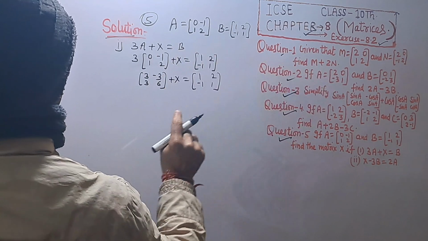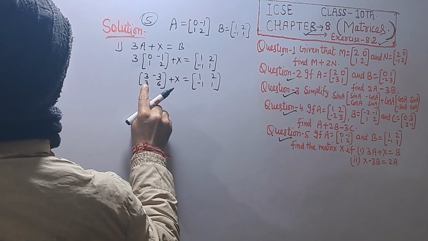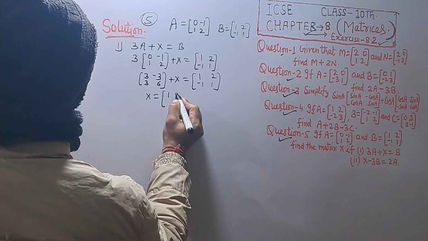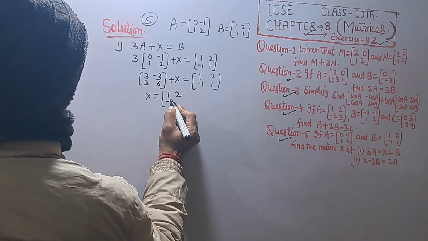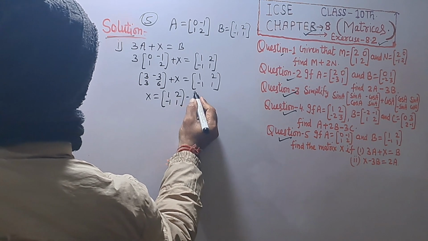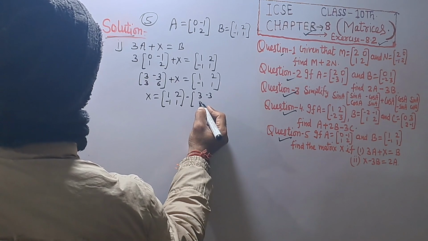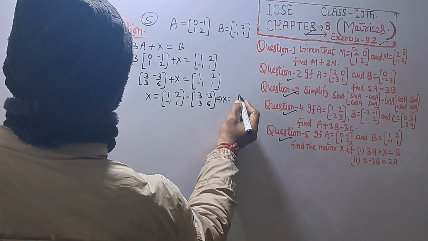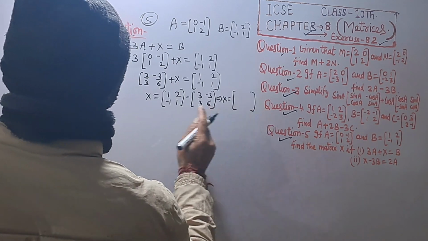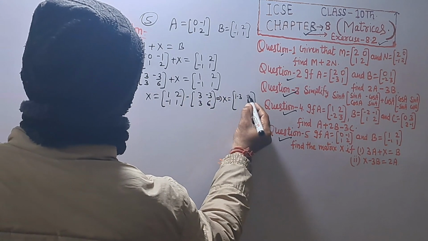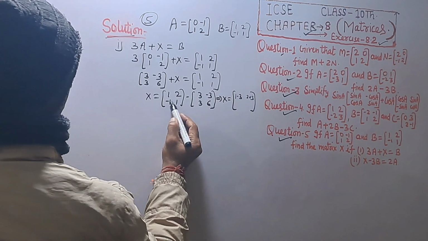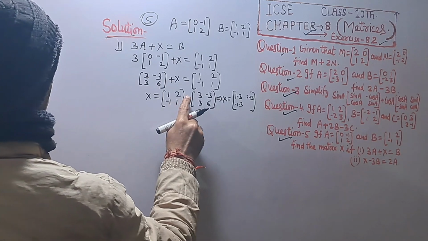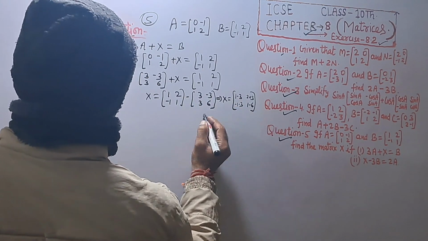We are shifting to the right side: 3, -3, 3, and positive 6. X is equal to [1, 2; -1, 1] minus [0, -3; 3, 6], which implies X equal to [1, 5; -4, -5].